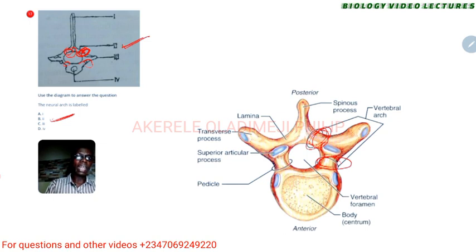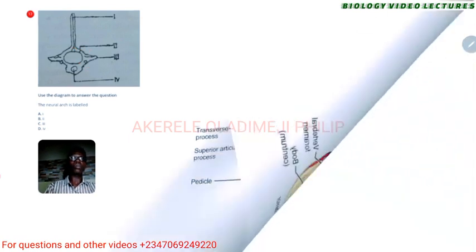Let me say that vertebral arc or neural arc means the same thing. That's another thing I wanted you to pay attention to. Vertebral arc or neural arc means the same thing. All right, so moving on, the answer there is B, and you can see the reason why it is.